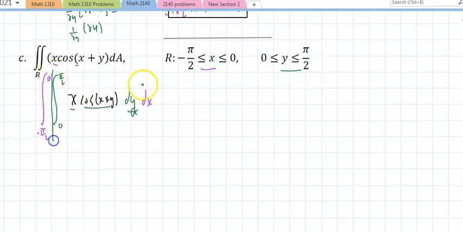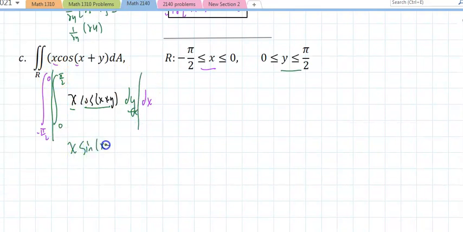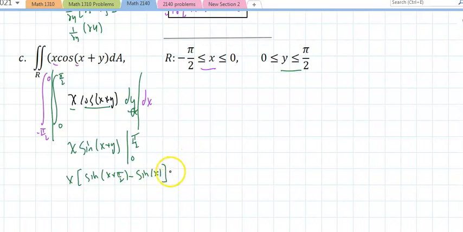So this integral first, x is a constant, the sine of x plus y, evaluated from y equals 0 to y equals pi over 2. So that's going to be the sine of x plus pi over 2 minus the sine of x. And now I'm going to take this and integrate that.